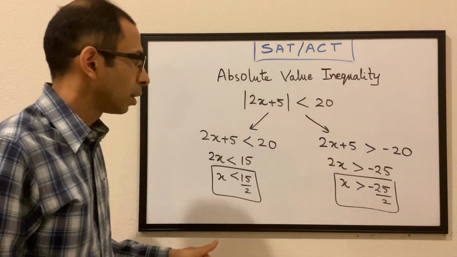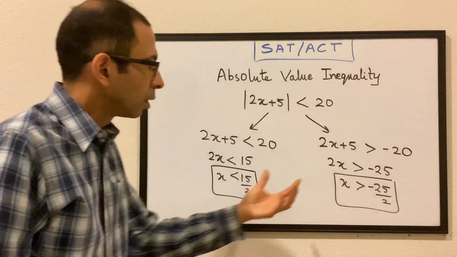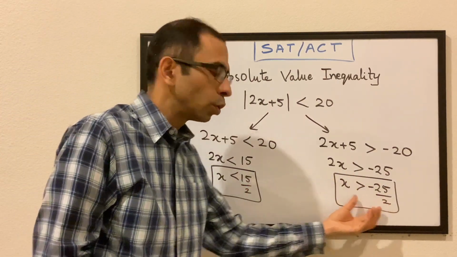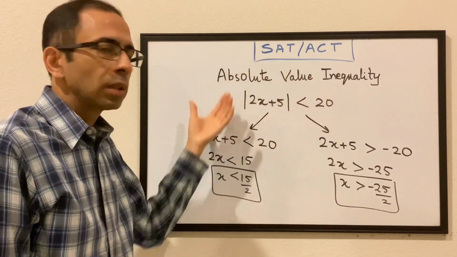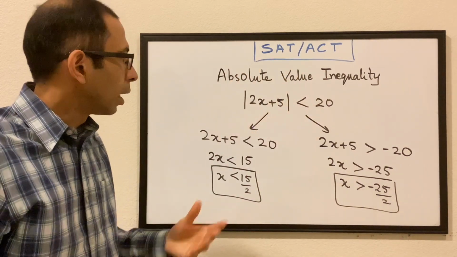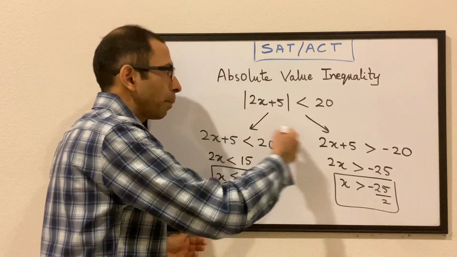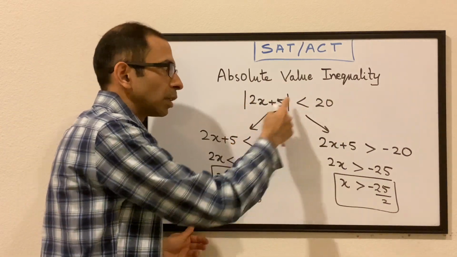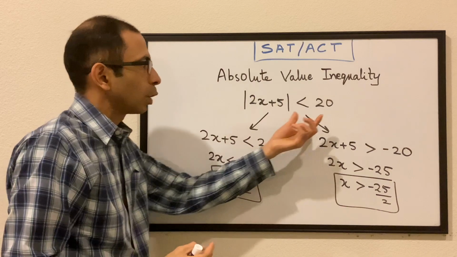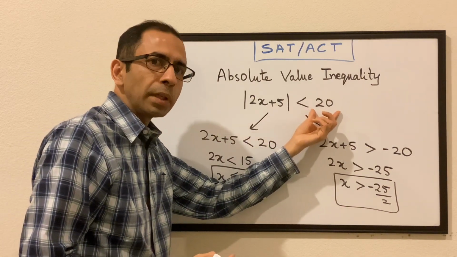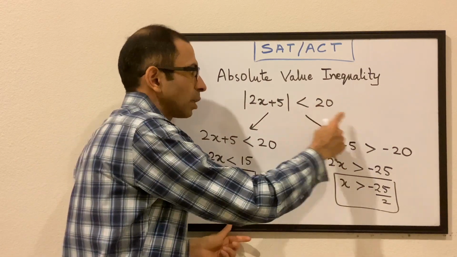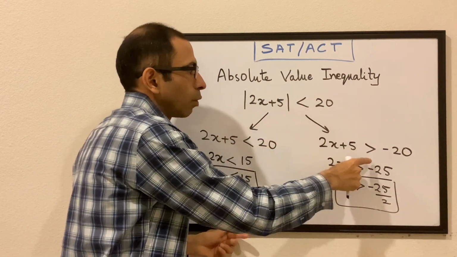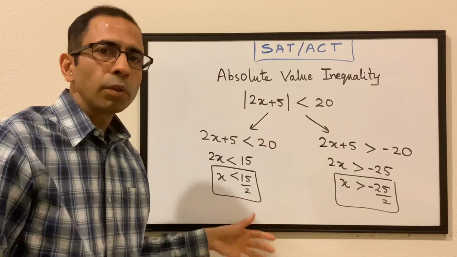So essentially, all values of x which are greater than minus 25 over 2 but less than 15 over 2 form the solution set of this inequality, right? Again, to reiterate, in case of an absolute value inequality, we make two scenarios. In the first, we keep the same sign. In the other, we flip the sign of this number, and we also flip the inequality sign, and we solve for it.